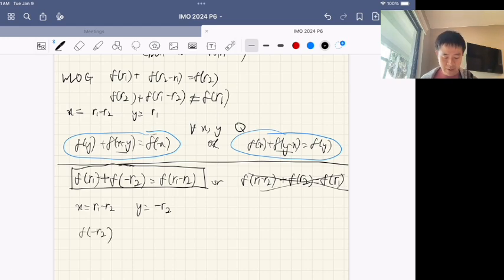Then we have f of y, and then f of x minus y, R1 minus R2 minus something equals something.